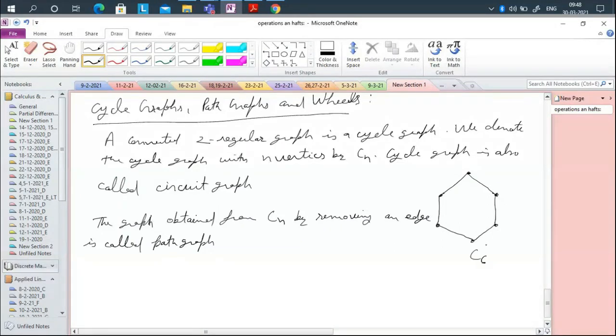So see, vertices 1, 2, 3, 4, 5 and 6. Here we remove one edge, then we have a path graph with 6 vertices. It is denoted by Pn.